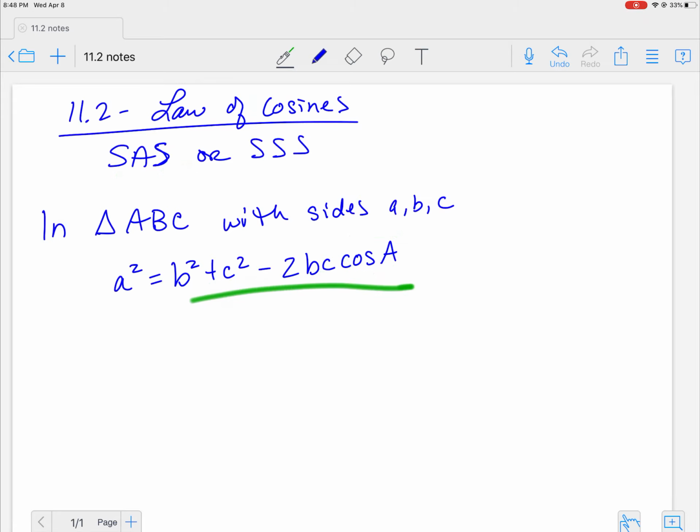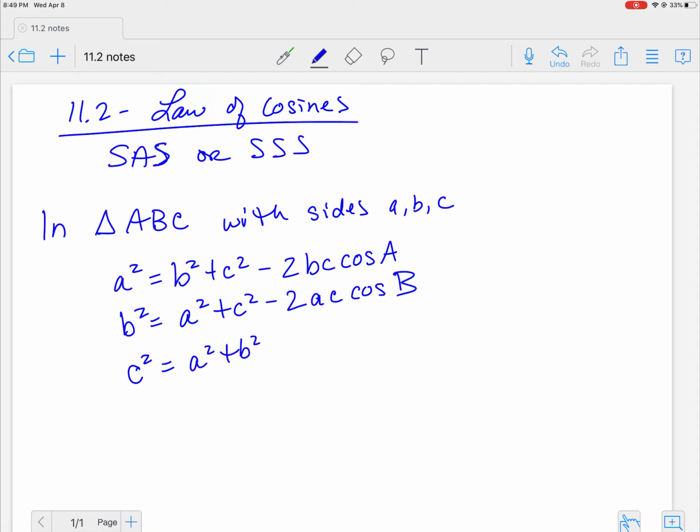The moral of this story is, if you know cosine of A, so you know one angle, if you have it, and if not, you can find it pretty easy, and then you know the other two sides and that one angle. Nothing matches up over here. Your angle and your side are the same, that's the matchup. All right? And then all the rest of them just fall in suit.